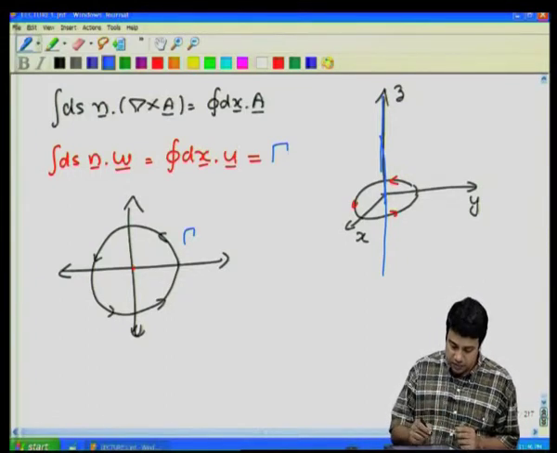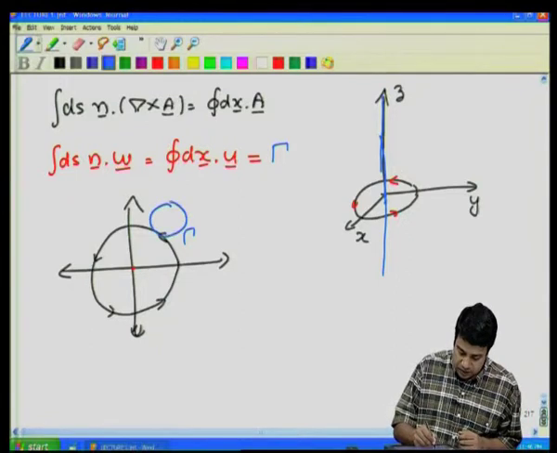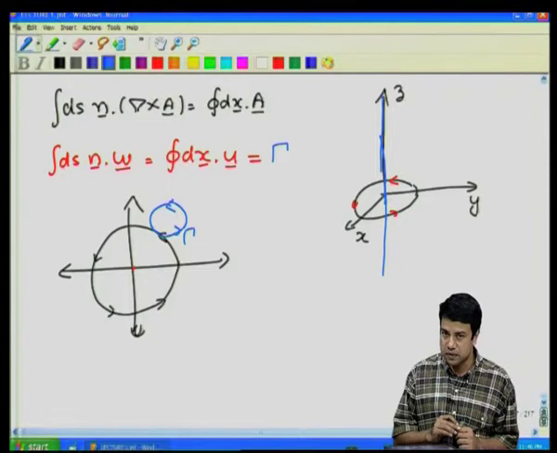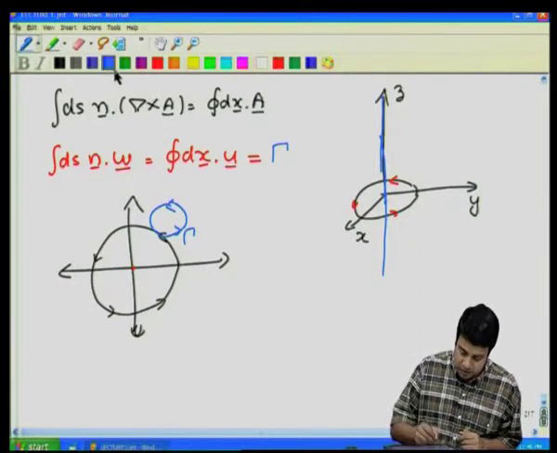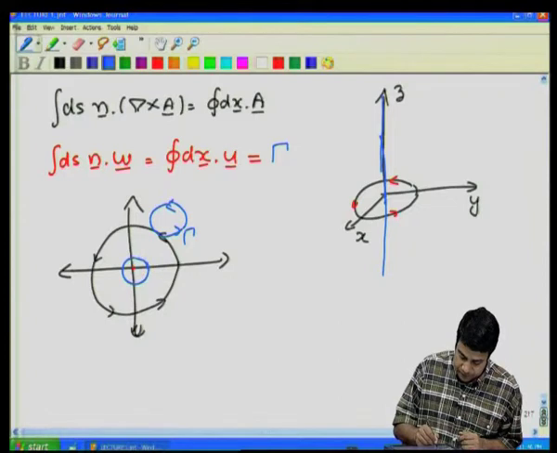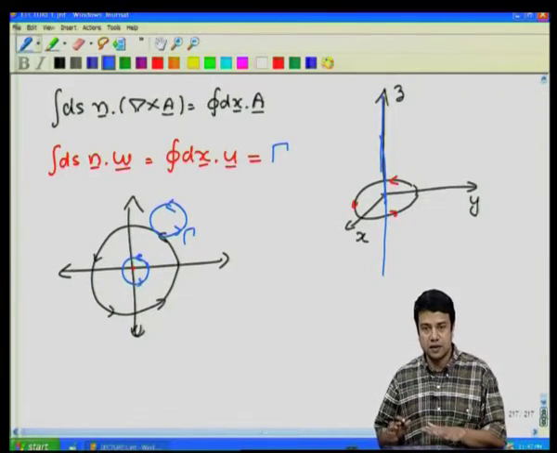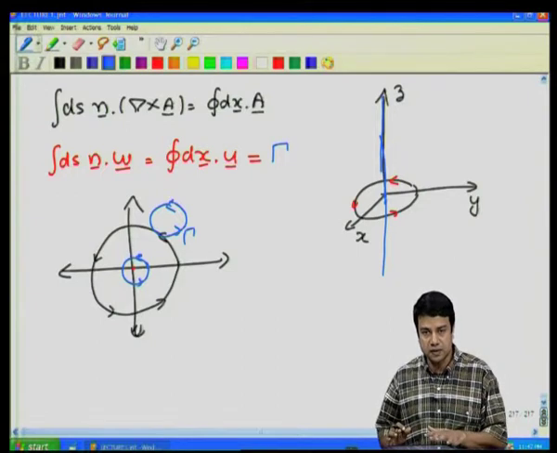However, if I take some contour somewhere within the flow that does not include the origin, there the circulation will be 0. That is because the vorticity is 0 everywhere. The fact that the vorticity is 0 everywhere is reflected in the fact that the circulation along any contour is exactly the same. So, if my surface cuts the z axis, cuts the origin, the vorticity is a delta function there, and therefore, I get a non-zero result.